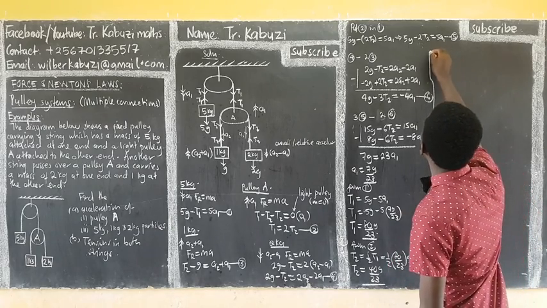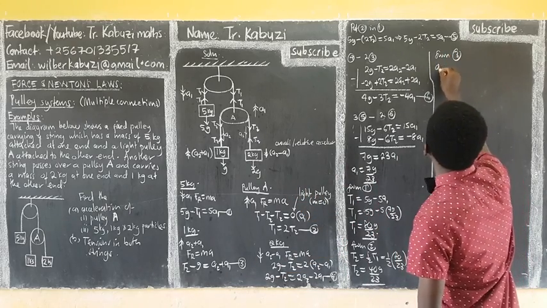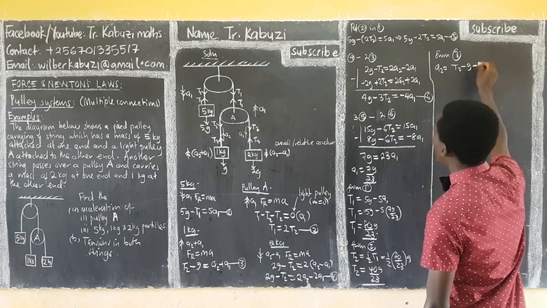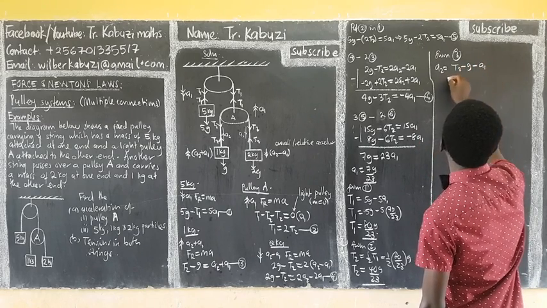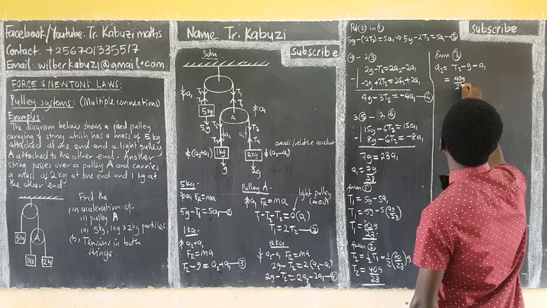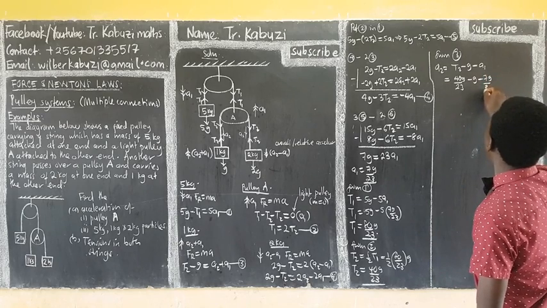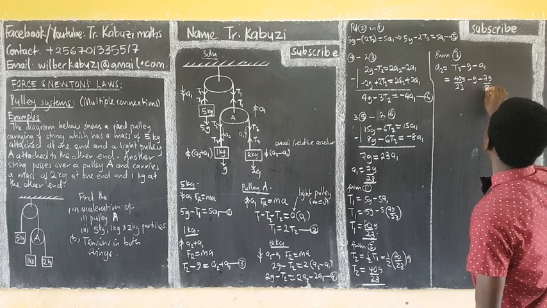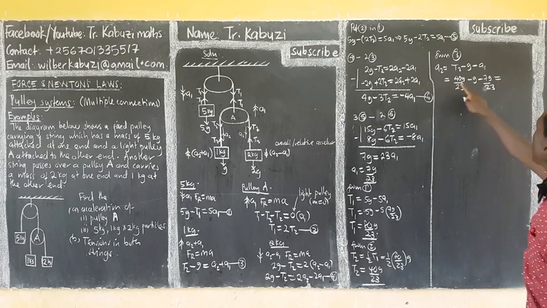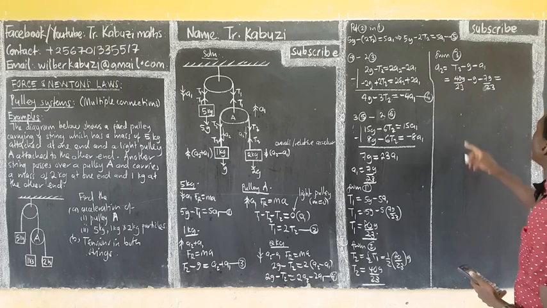So I'm saying from this equation 3, my A2 will be, when I take this side, T2 minus D minus A1. So my T2, first of all, is going to be 40D over 23 minus D minus A1, which is 7D over 23, which is going to be, so my A2, let us see, this is going to be 33 minus 23.